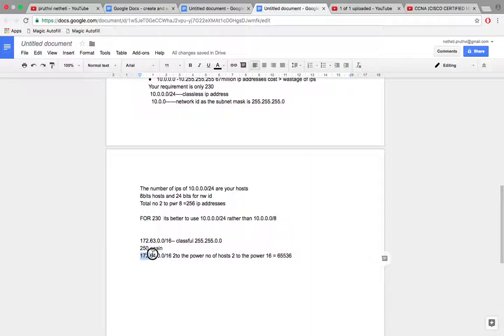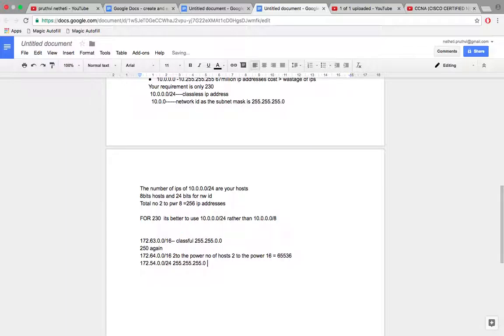So instead of opting for 172.64.0.0/16, we can take 172.64.0.0/24 with a subnet mask of 255.255.255.0.